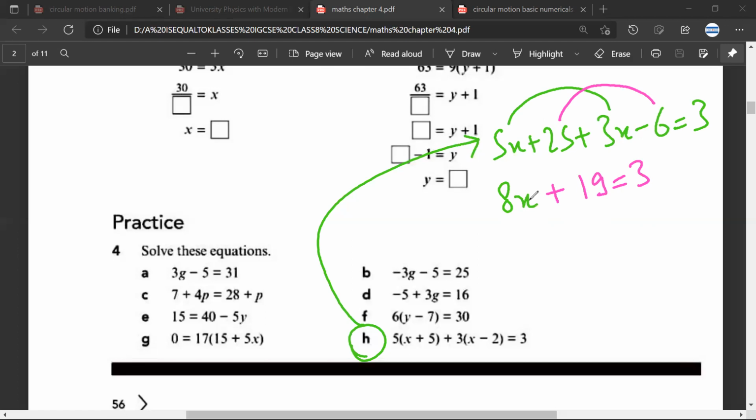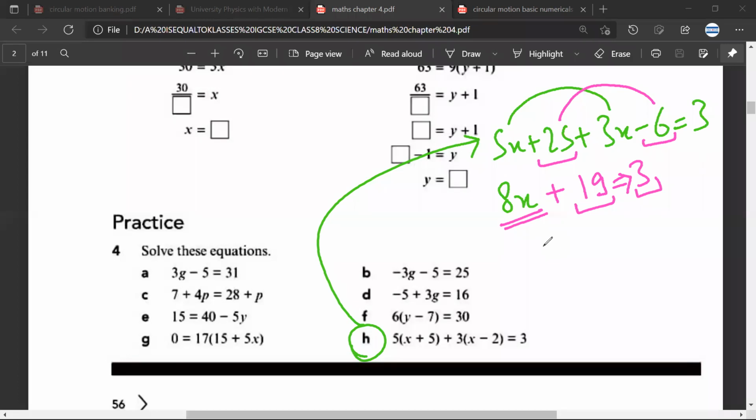Sir, 5x plus 3x would be 8x. Do we agree to this, Satya? Yes, sir. And let us tackle only 25 and minus 6 now. Any doubt? No, sir. Let this 3 remain where it is. What should I do next, Mr. Satya?